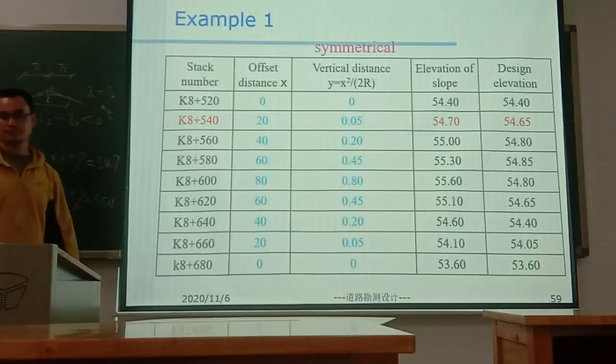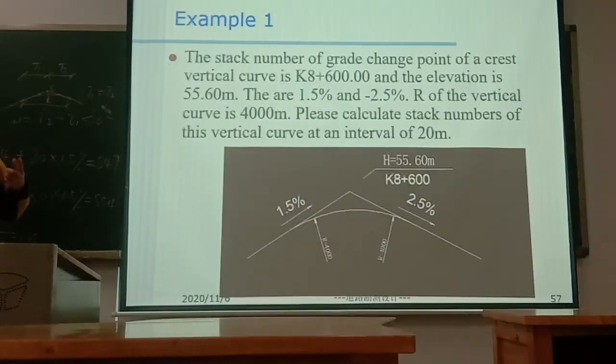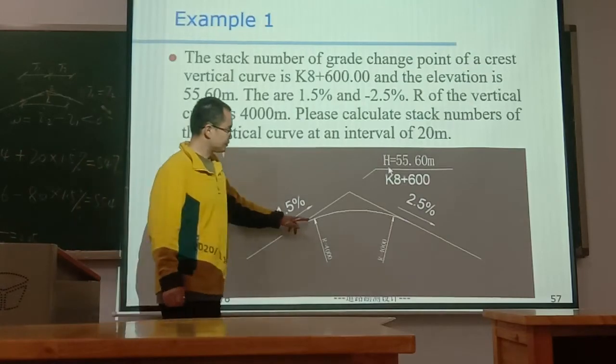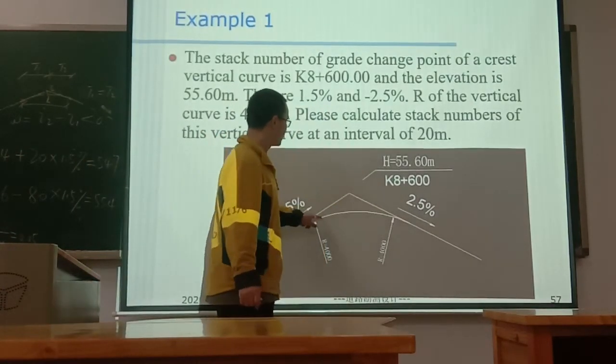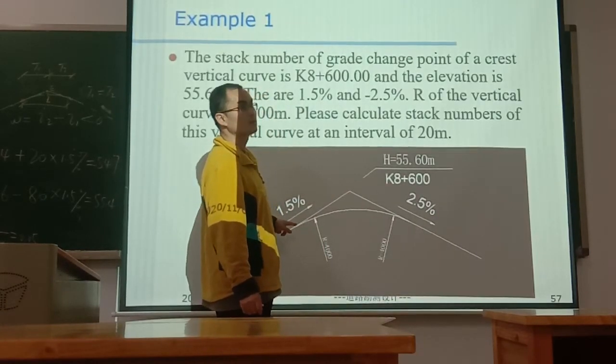Now, what is the symbol of the elevation of slope? The design elevation is H. This is design, no, the symbol. In the table.